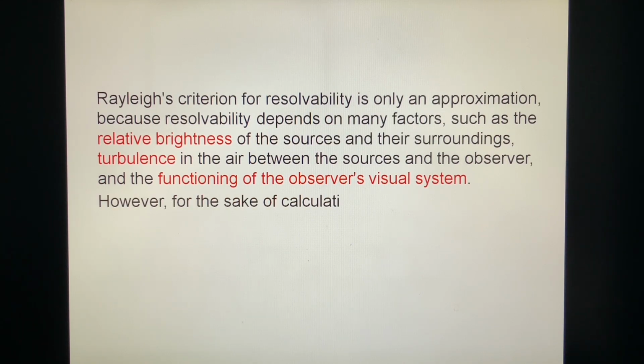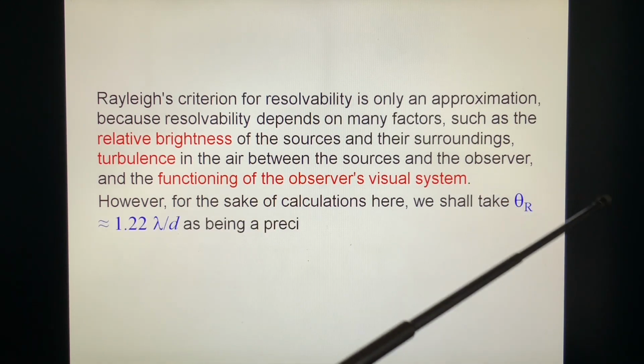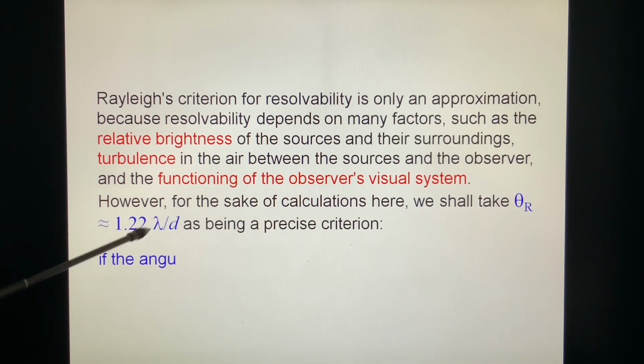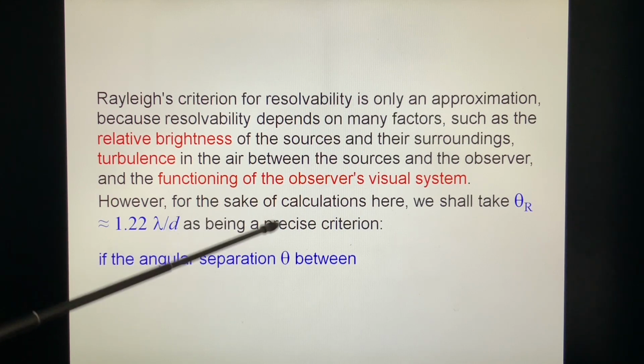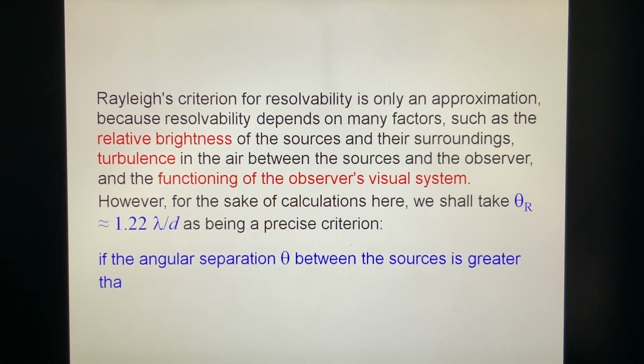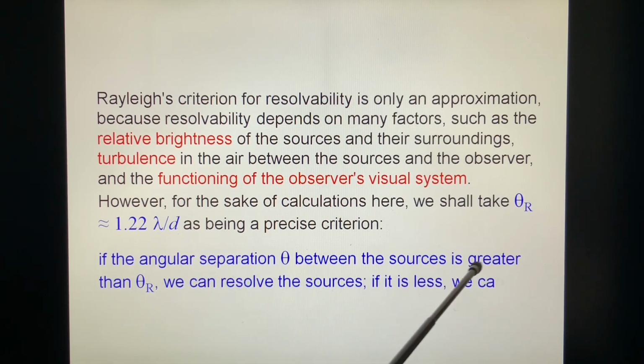However, for the sake of calculations here, we shall take theta r equals 1.22 lambda over d as being a precise criteria. If the angular separation theta between the sources is greater than theta r, we can resolve the sources. If it is less, we cannot.